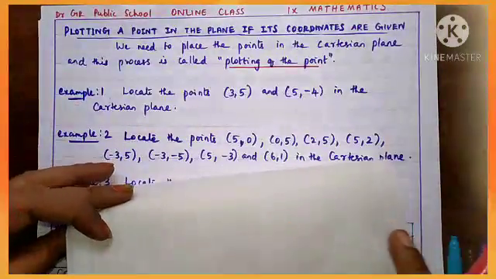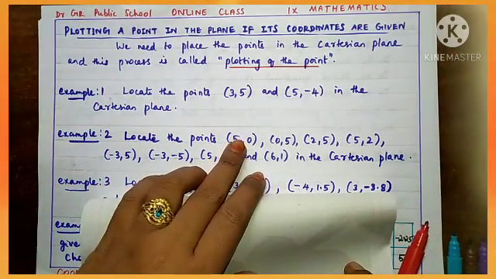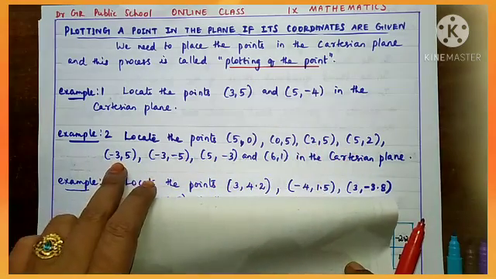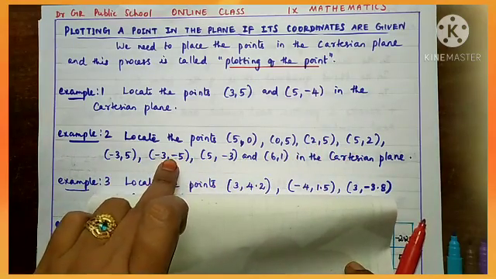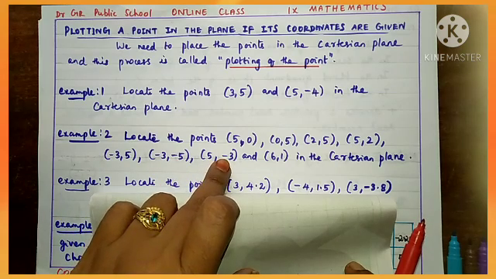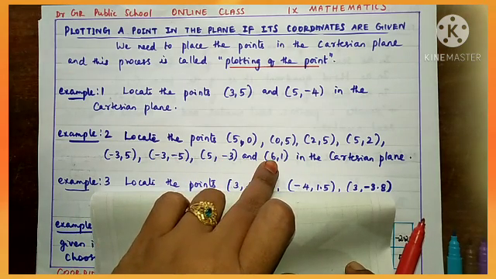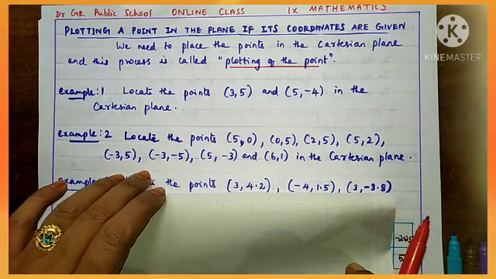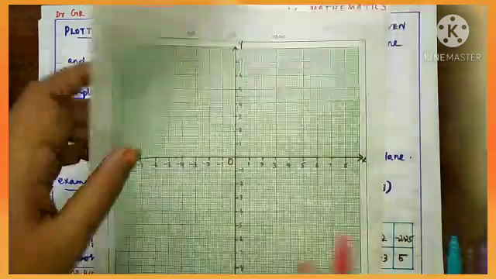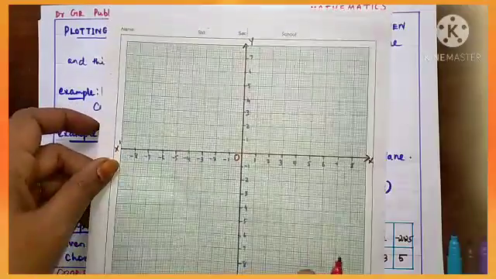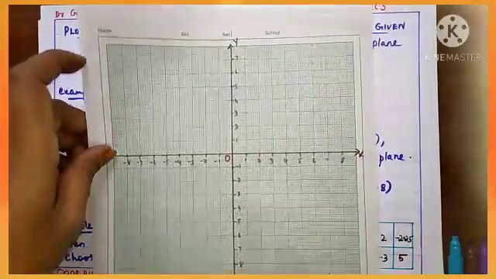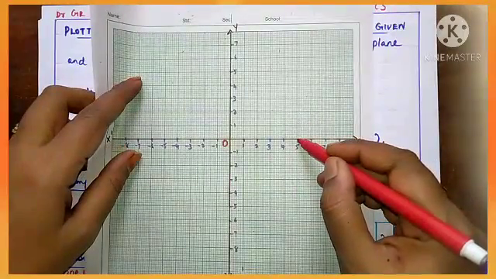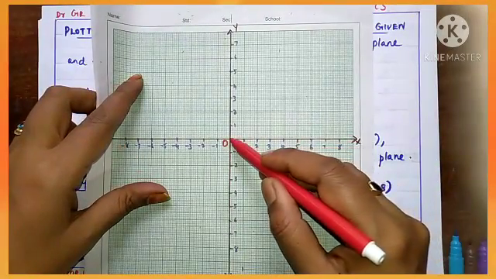So what are the points told here? (5, 0), (0, 5), (2, 5), (5, 2), (-3, 5), (-3, -5), (5, -3) and (6, 1). How are we locating these points, we can see now. First it is (5, 0). So (5, 0) means, children, the x coordinate is 5 and y coordinate 0.